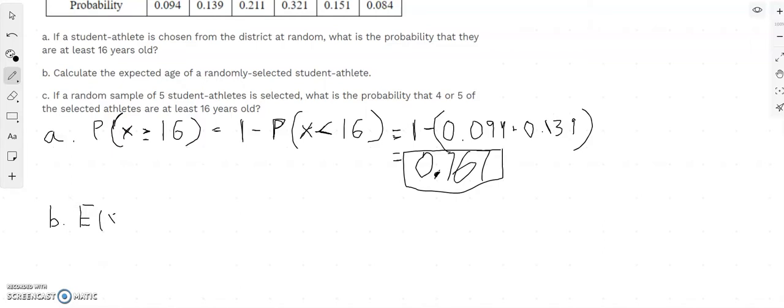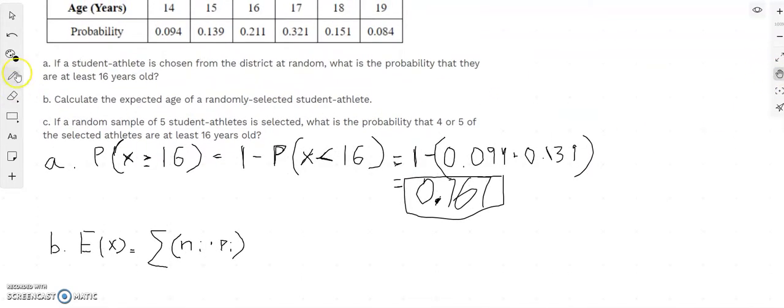So E of X is equal to the sum of x sub i times p sub i. Sigma of x sub i times p sub i means adding up all of the probabilities times the ages. Once we've given the formula, go ahead and write it out.